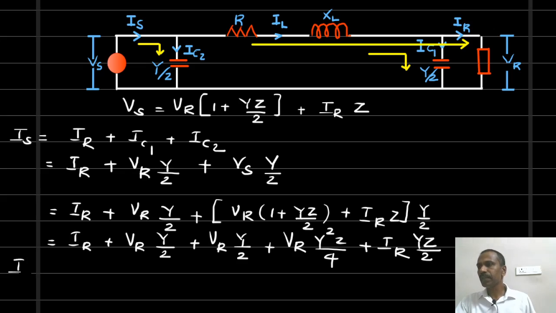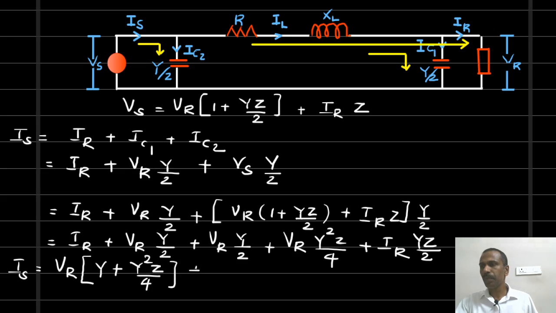So Is can be written as, first we have to write the receiving end voltage part, VR into, here we have Y by 2, this is also Y by 2, Y by 2 plus Y by 2 equals Y, plus here the coefficient of VR is Y square Z by 4, plus IR into, here the coefficient is 1 plus YZ by 2.